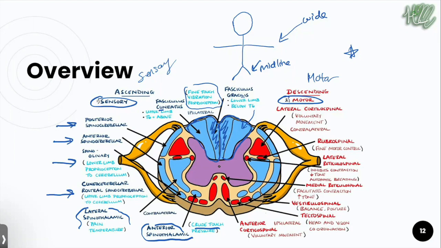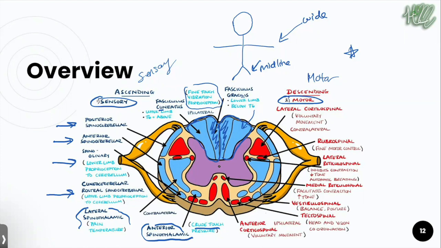Remember that the cerebellum is mostly responsible for proprioception as well as balance and things like that. So I keep your cerebellar tracts mostly in mind for things like loss of balance, or you can't do your finger-to-nose test, or those kinds of things.